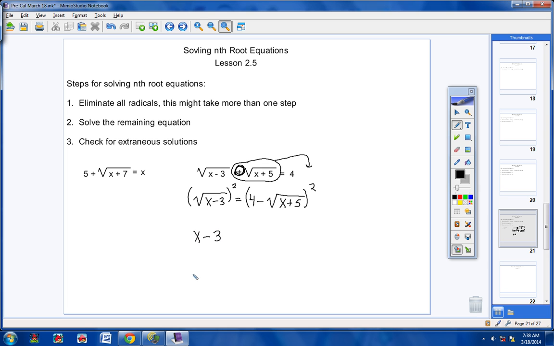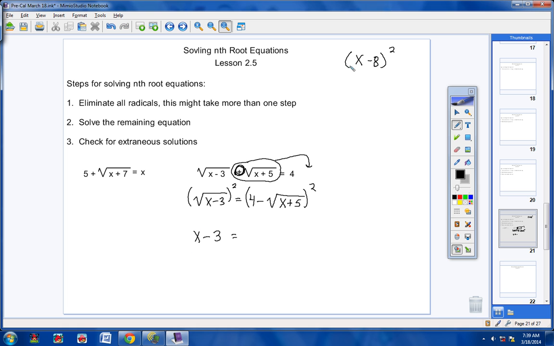Okay? Now, I want to show you a little shortcut here that will help you. Okay, so please watch carefully. This shortcut is really helpful. We learned this in Algebra 2. And forget this problem down here for just a second, if you would, please. I want to show you the shortcut on an easy problem. I'm going to make this an 8 so you're not confusing it with this down here.